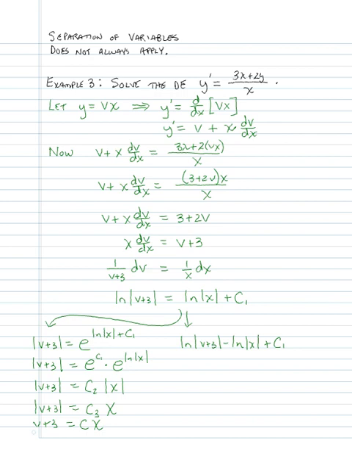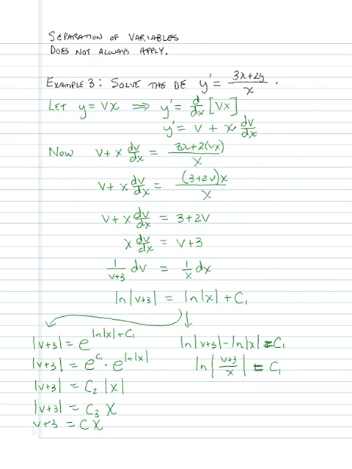When we have natural log subtract natural log, that's the natural log of the quotient, the absolute value of v plus 3 over x. Oops, and that should be equal to c sub 1, not plus c sub 1.